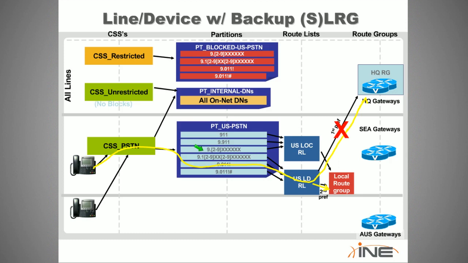But what about local dialing and 7-digit local dialing? If I send this 7-digit local dialing out a route list that first goes up to a route group for headquarter gateways, I might have to do some form of digit manipulation to prefix whatever area code they were trying to dial out of, and also add on, based on the route pattern, one for national access code, the area code they were trying to dial, things of that nature.